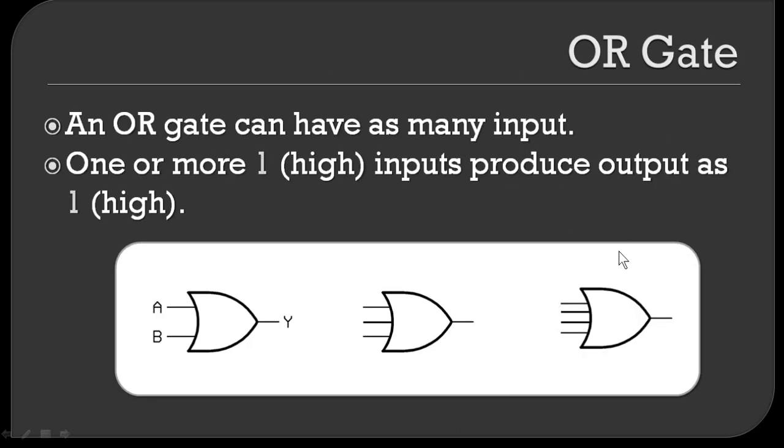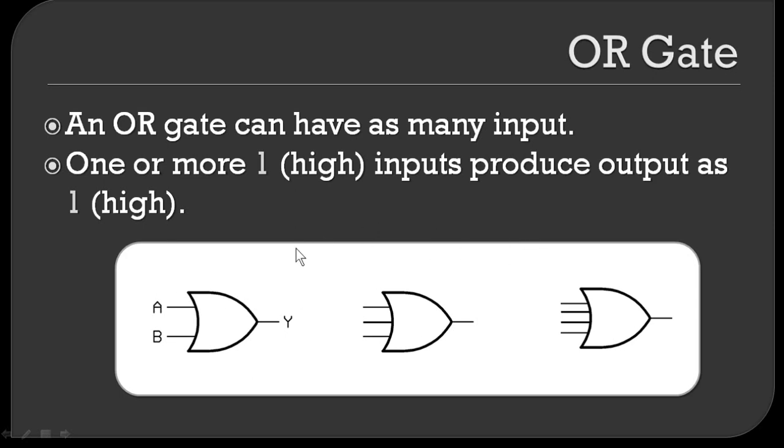The next operator we are going to see is the OR gate, that is the OR operator, which is represented with a gate here. An OR gate can have many inputs. In the first diagram you can see 2 inputs, then 3 inputs and 4 inputs. You can see different legs here, 2 legs, 3 legs and 4 legs, and it goes on like that. One or more high inputs produce a high output.